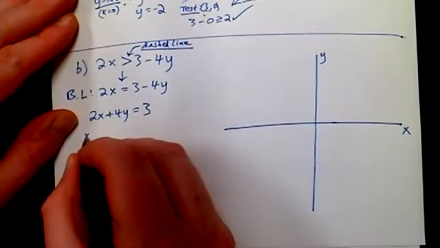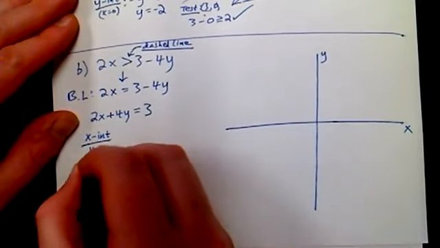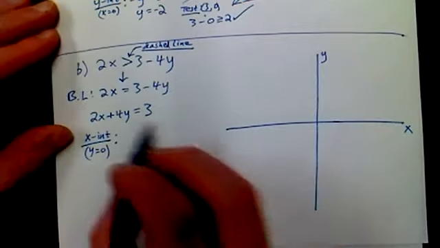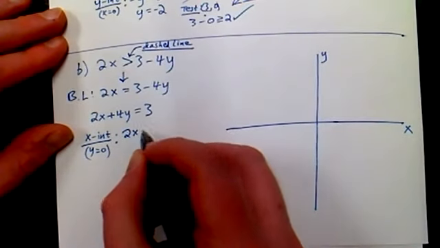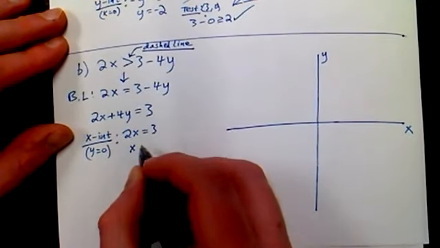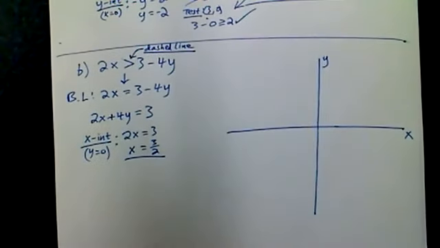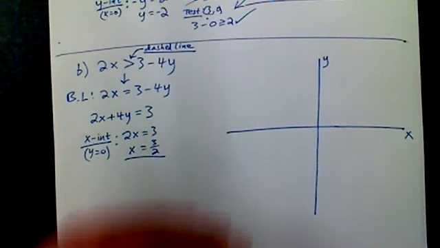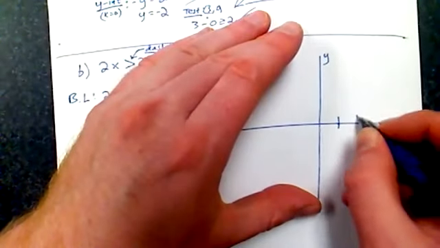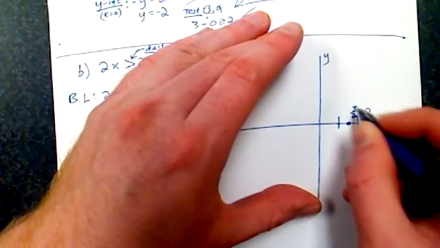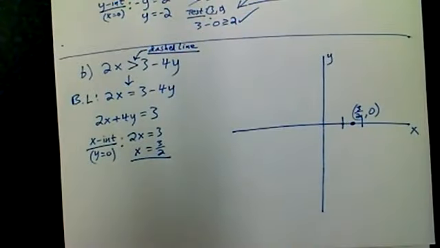Let me go ahead and go through this. So for x-intercepts, this is when y is equal to 0. That means that 2x is equal to 3, or x is equal to 3 halves. So where's that going to be? That's going to be right in between 1 and 2. So this is the point (3/2, 0).